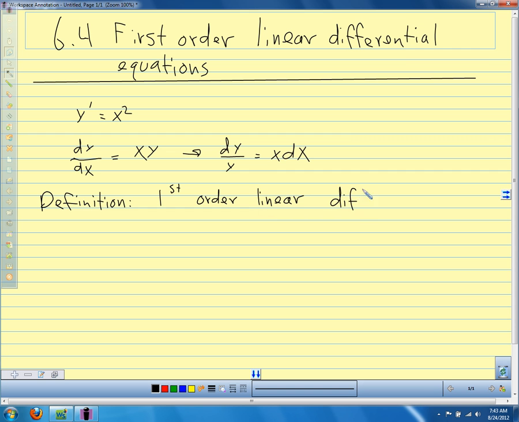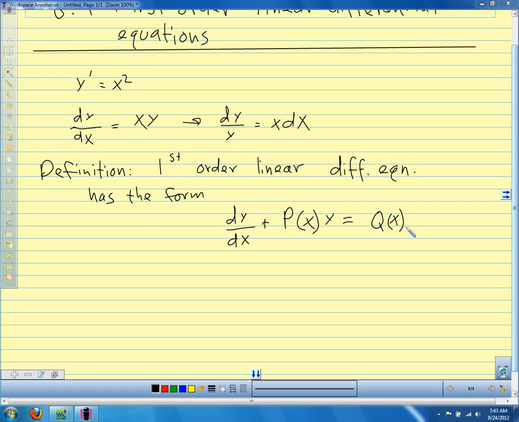Now I'm going to abbreviate. Our first order linear differential equation has the form dy dx plus p of x y equals q of x, and p and q are continuous functions of x.